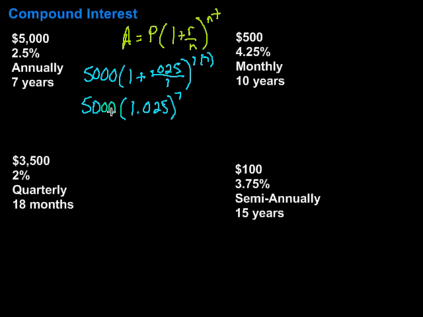Then I multiply that by 5,000, because what our calculator might do if we're not careful is take 5,000 times 1.025 and then that to the 7th power. Well, that's not what we're trying to do. So be really careful with your calculator, and you'll want to make sure that it's giving you the answer that it should be.